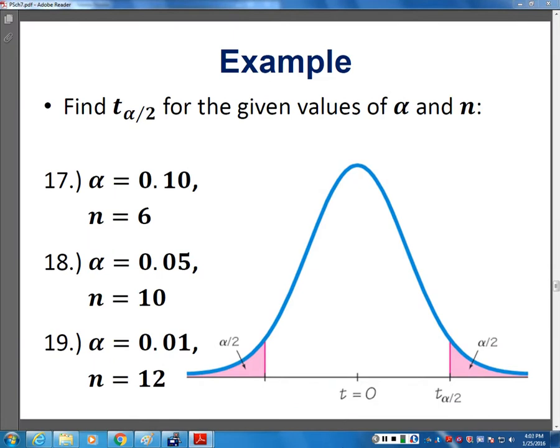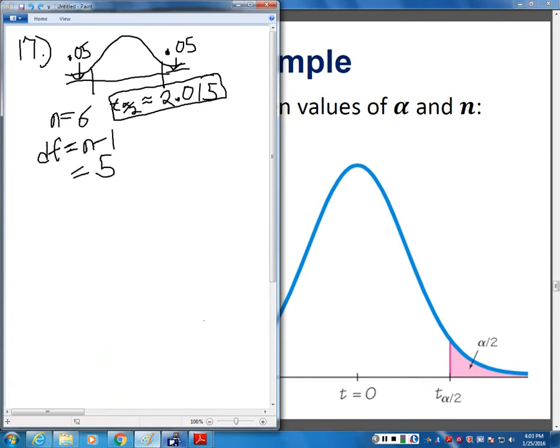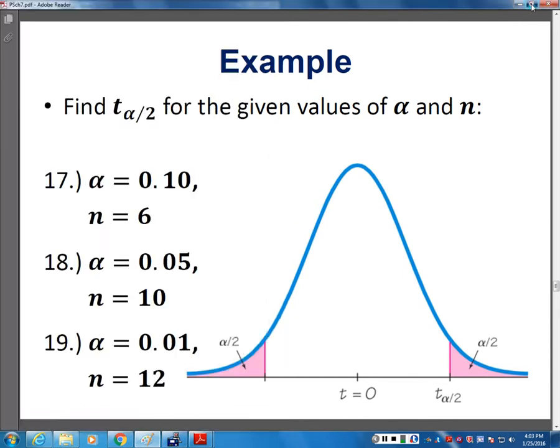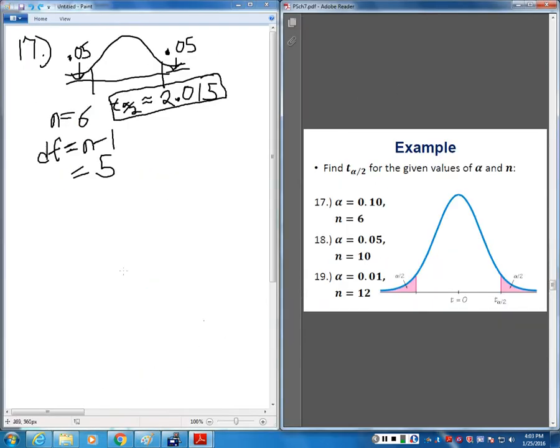Question number 18 asks, well, what if alpha is 0.05 and the sample size is 10? Let's do this one. For number 18, if I were to sketch that, I have my t distribution.